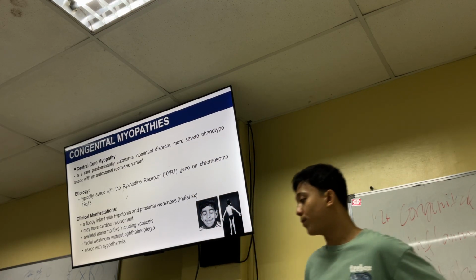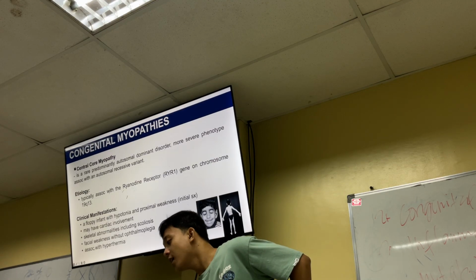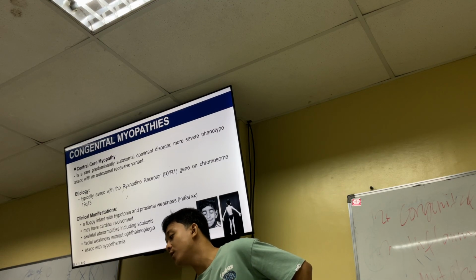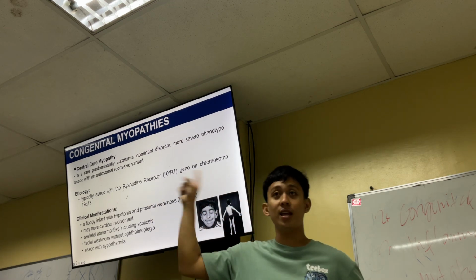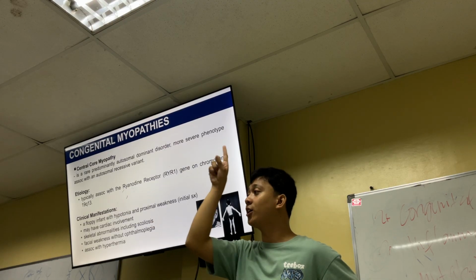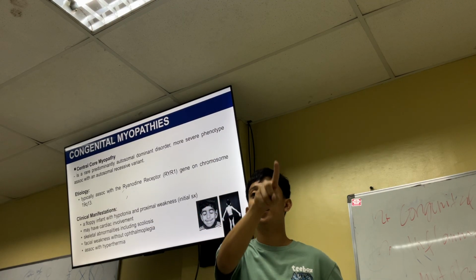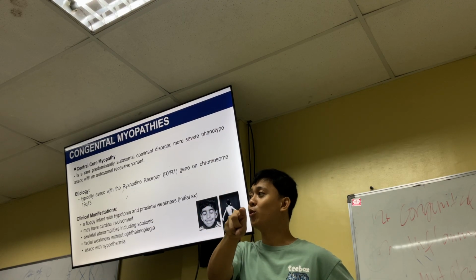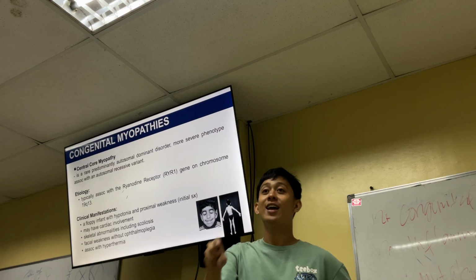See, central core myopathy. Typically, the affected gene is your ryanodine receptor gene on chromosome 19. So, chromosome 19 is affected. Earlier, chromosome 19 was in DM2 or DM1? DM1, no?